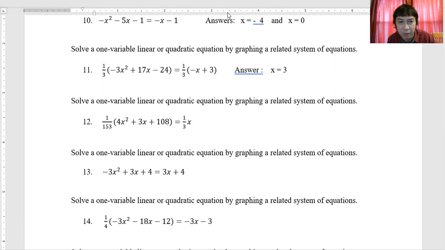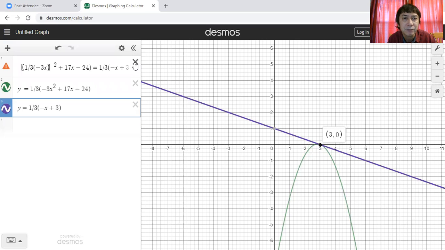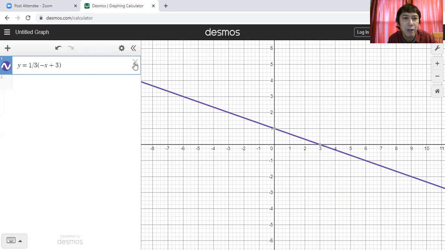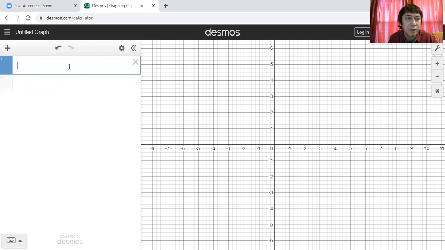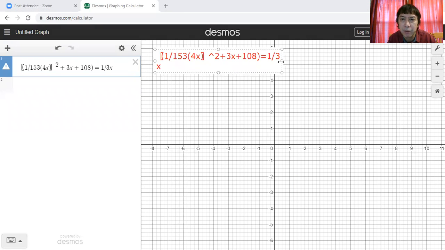Here's our calculator. We shall clear the screen, and that's it. This will be our working equation. So we have here 1 over 53 times the quantity 4x squared plus 3x plus 108.